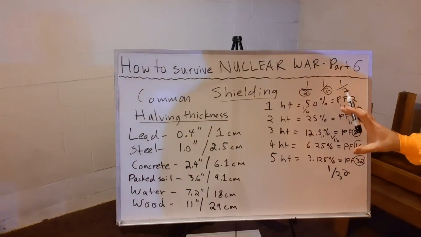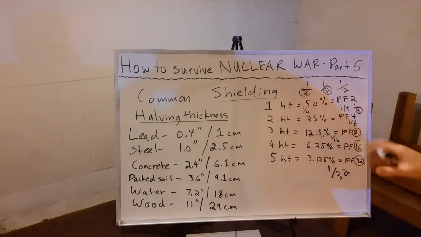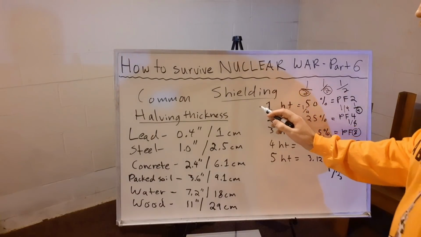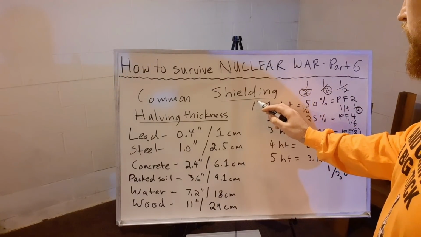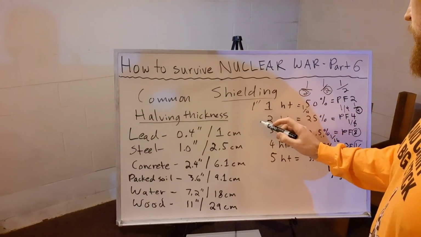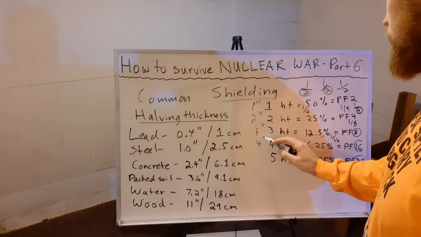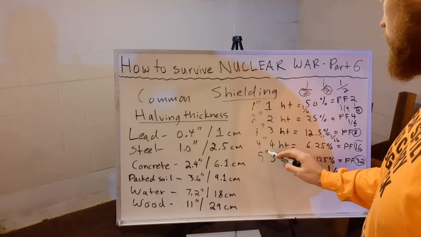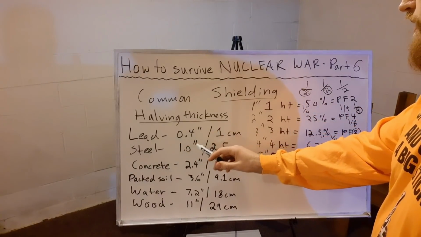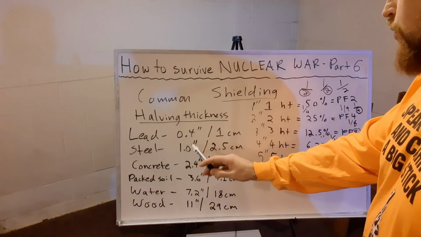So it seems confusing, but it's really not. This would be 1 inch of steel. This would be 2 inches of steel. This would be 3 inches of steel, 4 inches of steel, 5 inches of steel. Because remember, 1 halving thickness of steel is 1 inch.